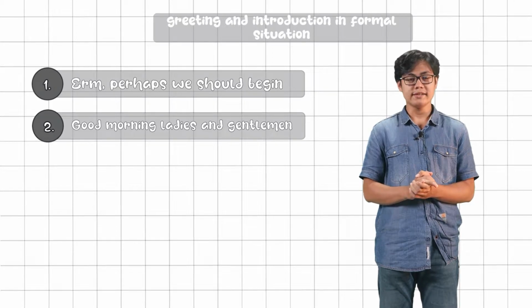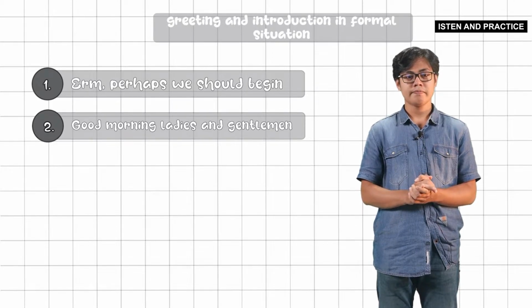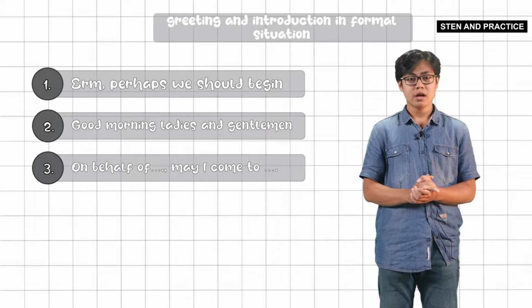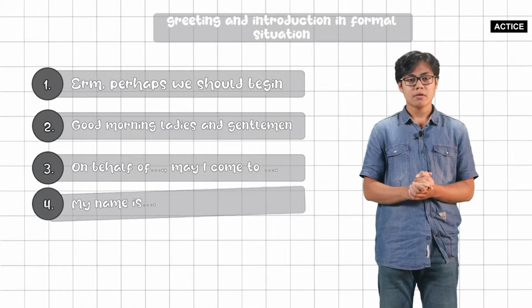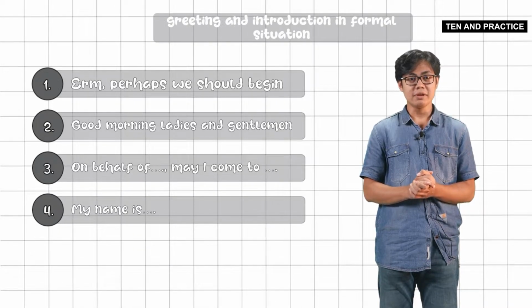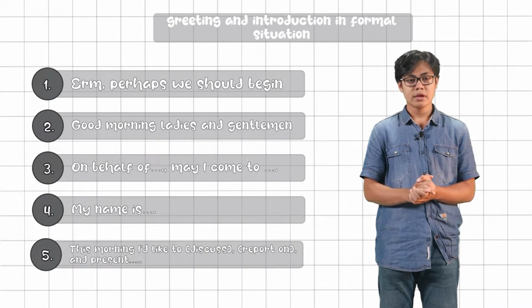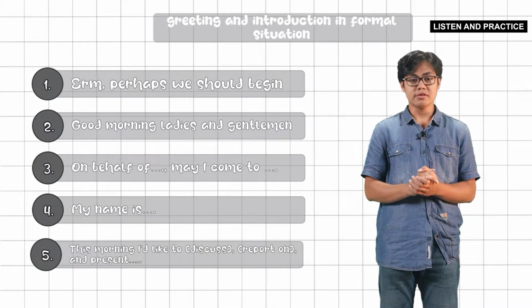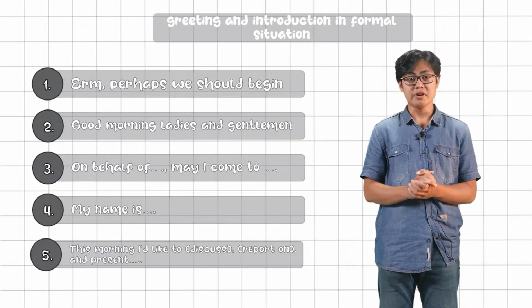Good morning, ladies and gentlemen. 3. On behalf of blah blah blah, may I come to. 4. My name is. 5. This morning, I'd like to discuss, report on, and present.